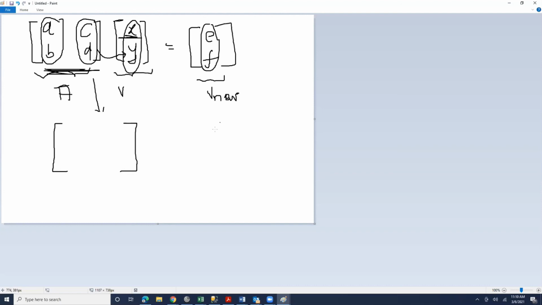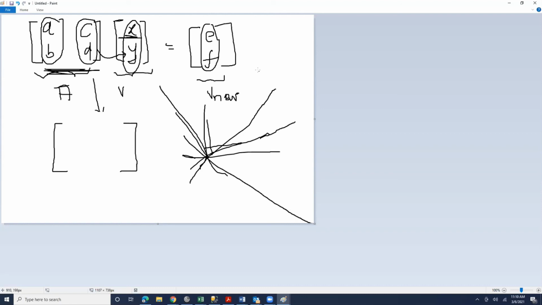I start with this axis, I stretch it, and then I rotate it. Then I stretch it again and rotate it completely like this. You can imagine this kind of thing happening, right?